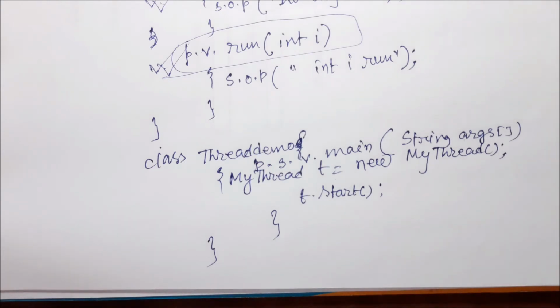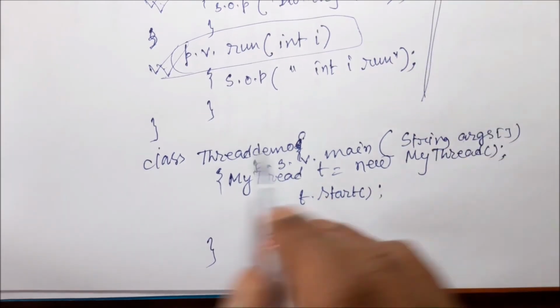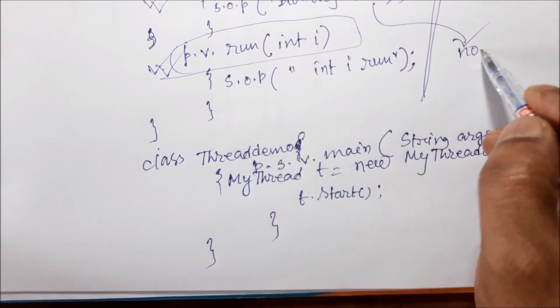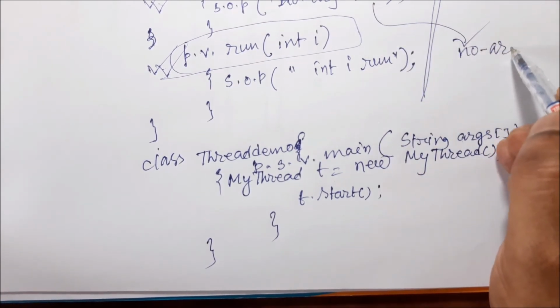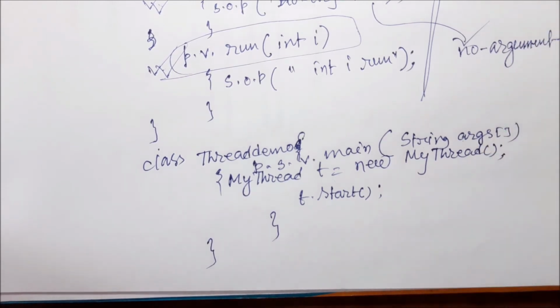So, my question is whether overloading of the run method is possible or not. Of course it is possible, but what is the output of this program? If I run this program, I will get the output "no argument". This output will be printed.